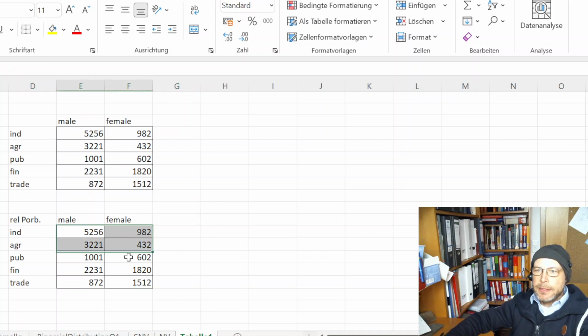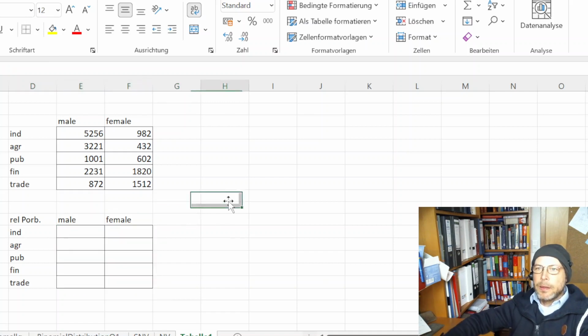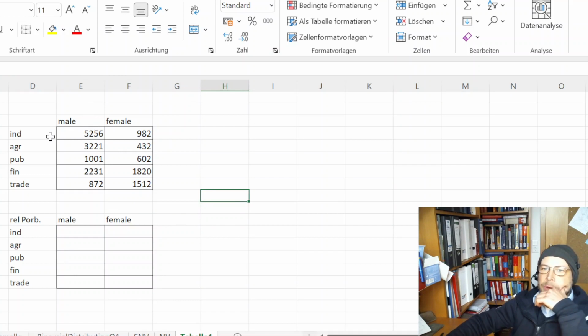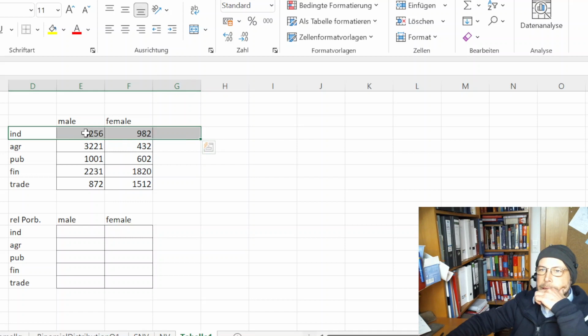This means: what is the probability at this point to be in the industrial sector? There, we first of all need the cumulative number. How many people work in the industrial sector?